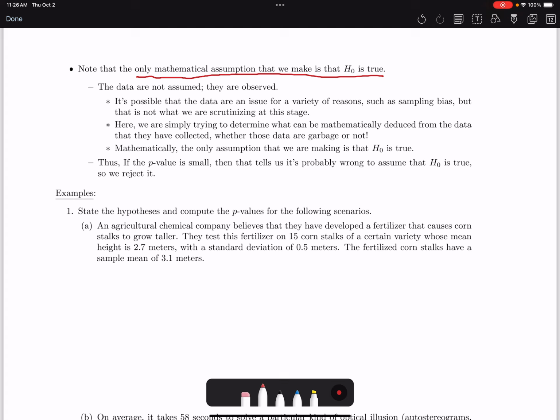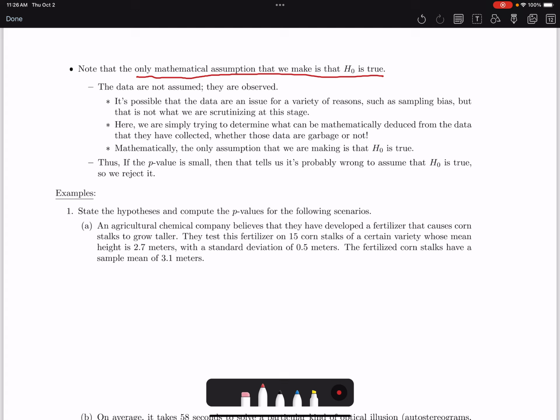What we're evaluating is, given that the data is what it is, if we assume that the null hypothesis is true, what's the likelihood that we would have obtained that data? I think in the real world, it's good to scrutinize studies, and it's good to scrutinize the way that data were obtained.